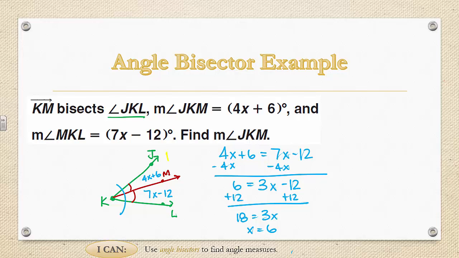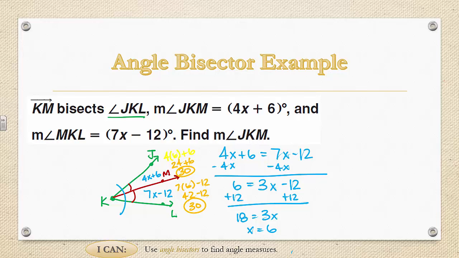So I'm going to plug in 4 times 6 plus 6. And when we do that, we end up with 24 plus 6, or 30. And we can double check this, but remember, these angles are equal, so it should give us exactly the same thing. If I do 7 times 6 minus 12, that's 42 minus 12 more, which is 30.